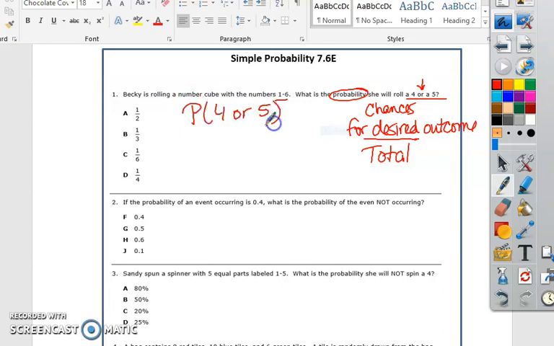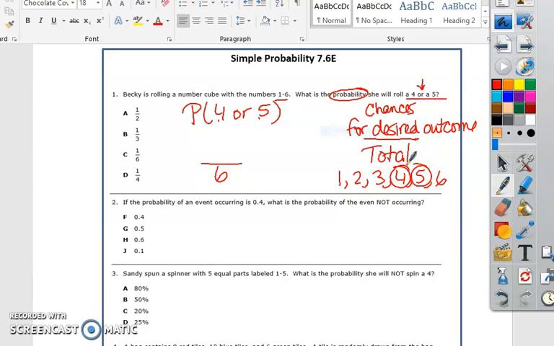If I see "and," that's changing this up, because that's telling me I'm rolling it more than once. So my sample space, guys, is 1, 2, 3, 4, 5, 6. My outcomes, I have 6 of them. That goes on the bottom. Now I want a 4 or a 5.